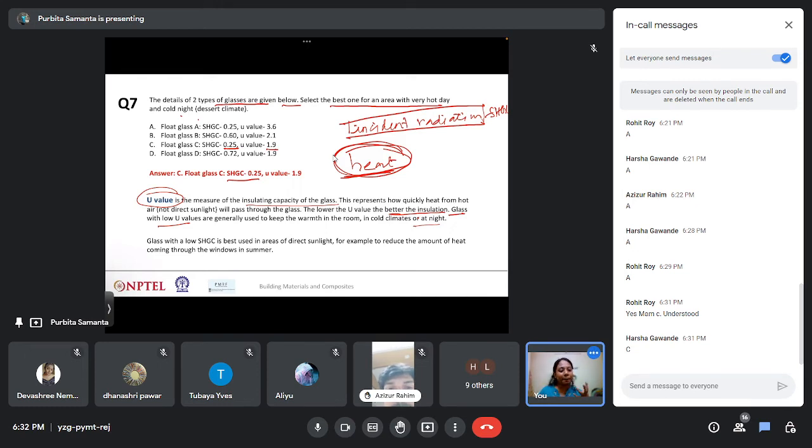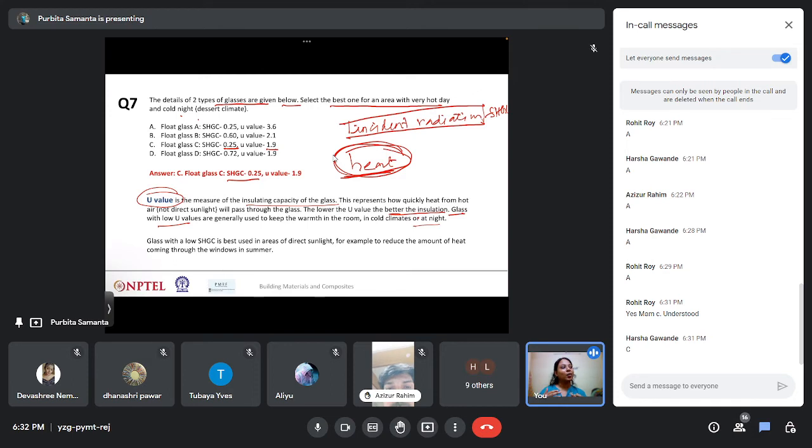If you are providing fenestration and glass, you will think that the solar heat gain coefficient should be low. And at the same time the U value will also be such that the heat will be utilized later. So you have to understand there's also the concept of time lag.